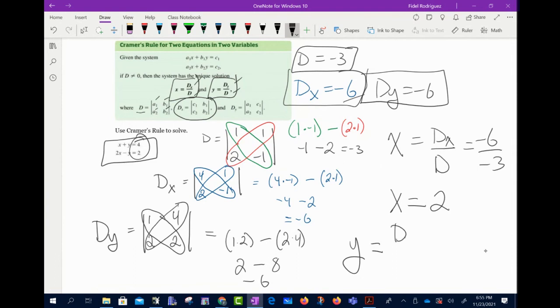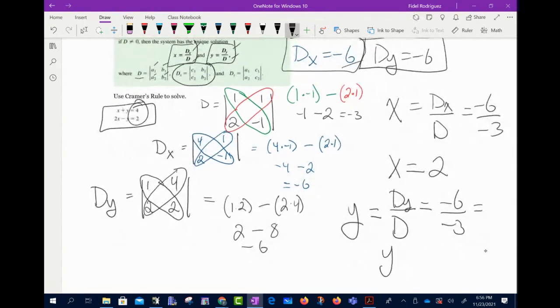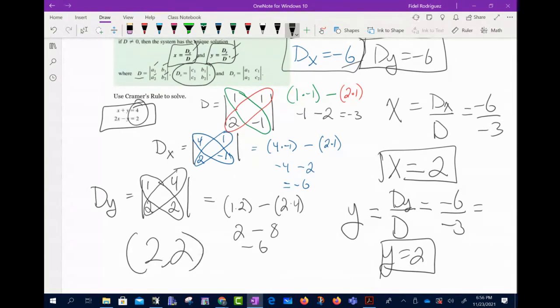My y value is the answer that we got for Dy divided by D. What was the answer we got for Dy? We got -6. What was the answer we got for D? -3. And -6 divided by -3 is also +2. So what does that mean? That means that the solution to this system is the point (2, 2).